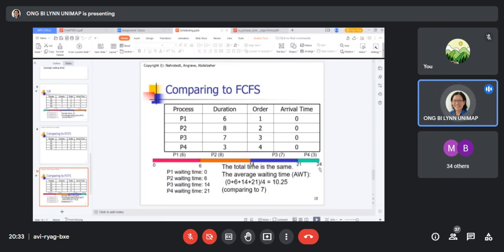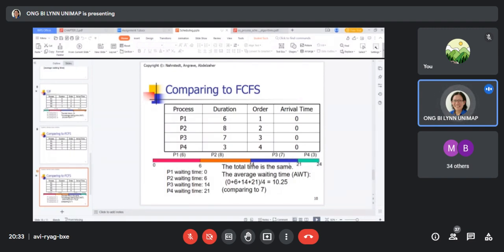In finding the waiting time, P1 will be 6 minus 6 equals 0. For P2, 14 minus itself 8, you have 6.